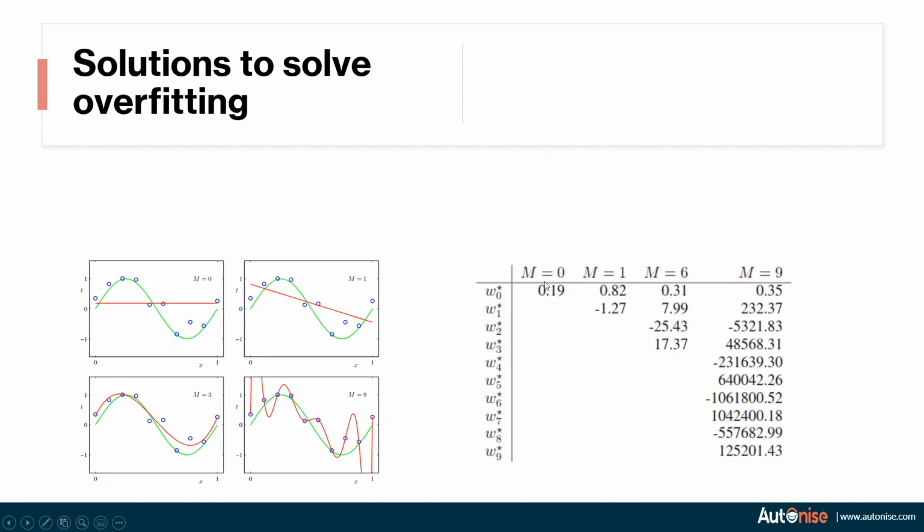When m is equal to 0, the constant value is equal to 0.19. When m equal to 1, we'll have two variables, y equal to mx plus c. So m is minus 1.27 and c is 0.82. Similarly, for m equal to 6, we have such values, and for m equal to 9, these are the corresponding coefficients of the 9-degree polynomial.